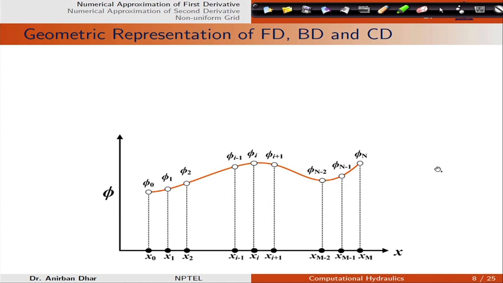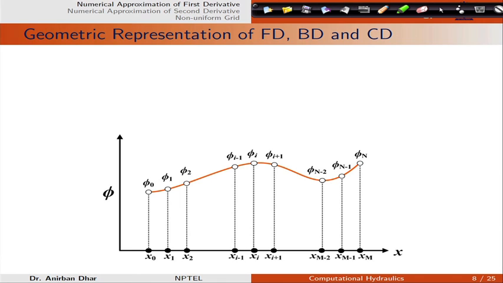Now, if we see the forward difference, backward difference and center difference geometrically, for this discretized one dimensional grid we have distinct grid points from x naught to xn.